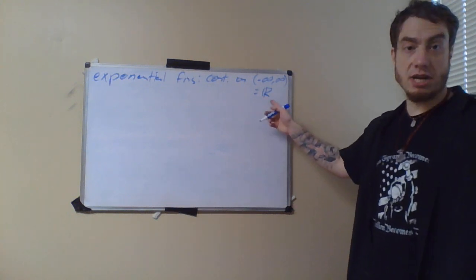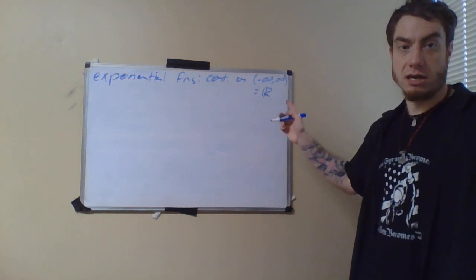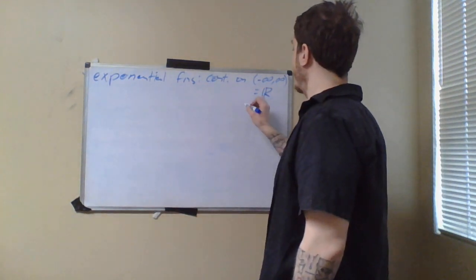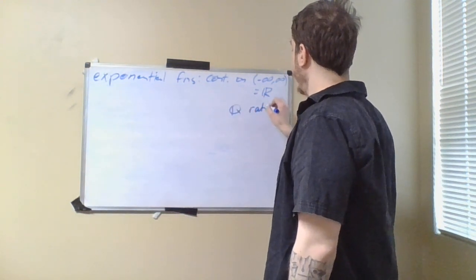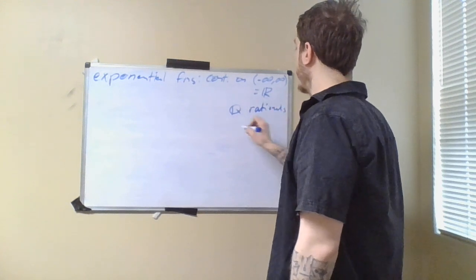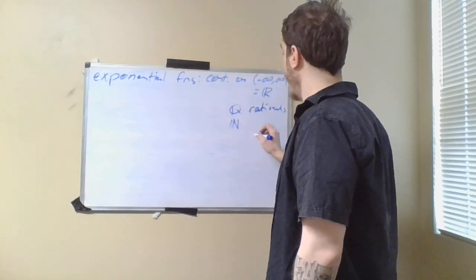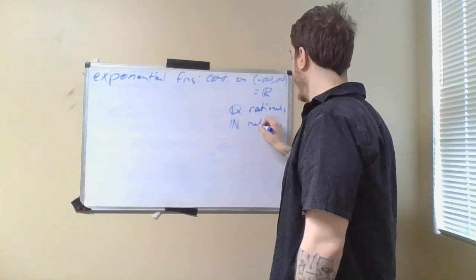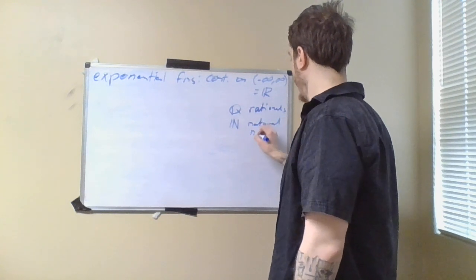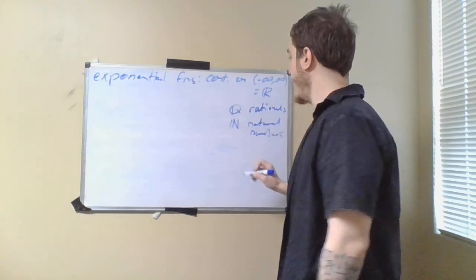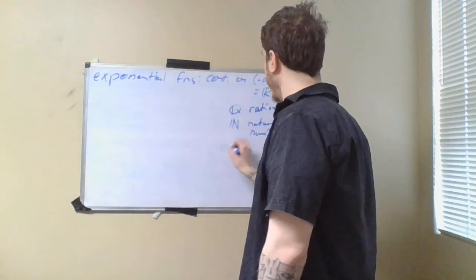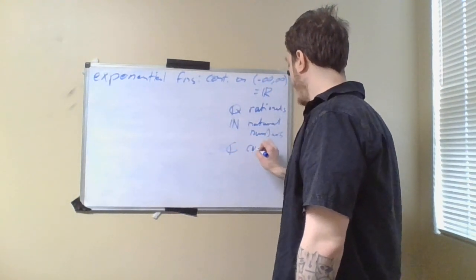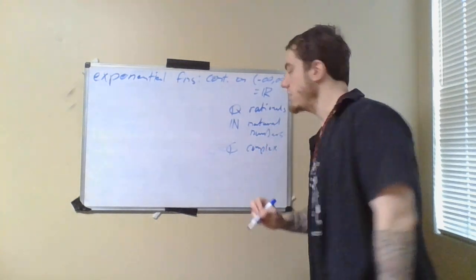So if you see this notation anywhere, that's what we mean. Similarly, people use blackboard Q to indicate the rationals, and they use blackboard N to indicate the natural numbers, and then if you remember back to complex numbers, they use a blackboard C for complex numbers.